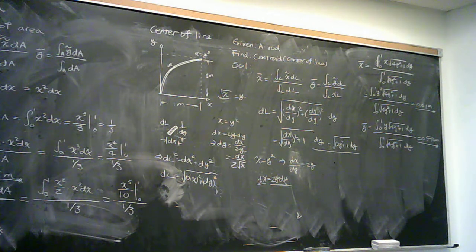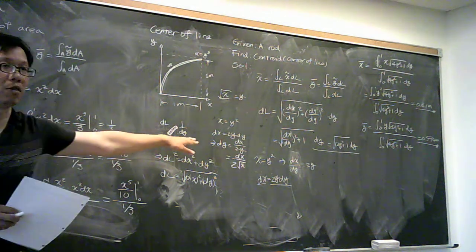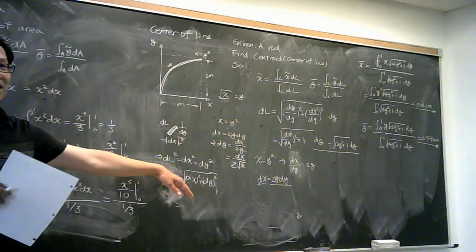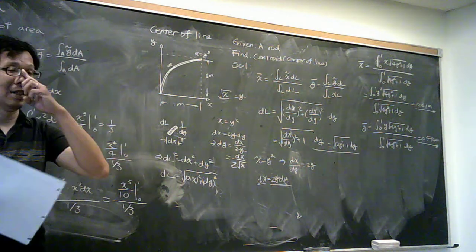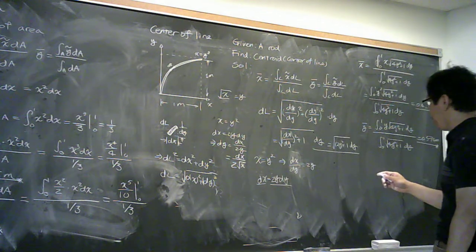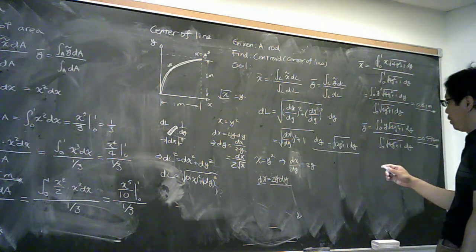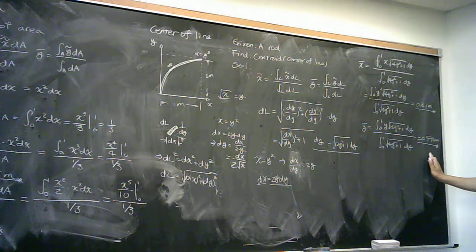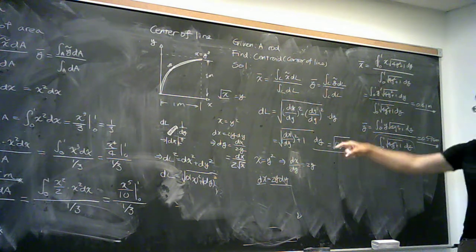Okay. Any questions? Is that clear? Does everybody understand what I'm doing other than the integration part? I know the integration part is a little bit tedious. For the y bar equation, why is that still in terms of dy, all the way to the right? Why is that not in terms of dx? Because I'm dealing with everything in terms of y.